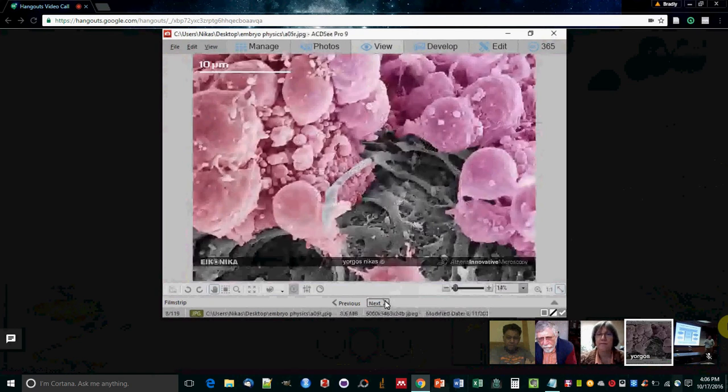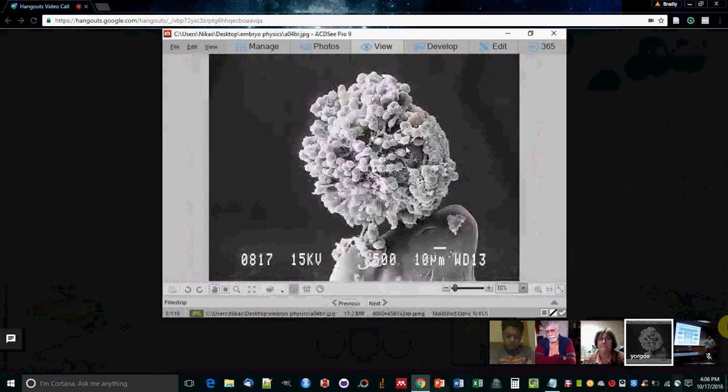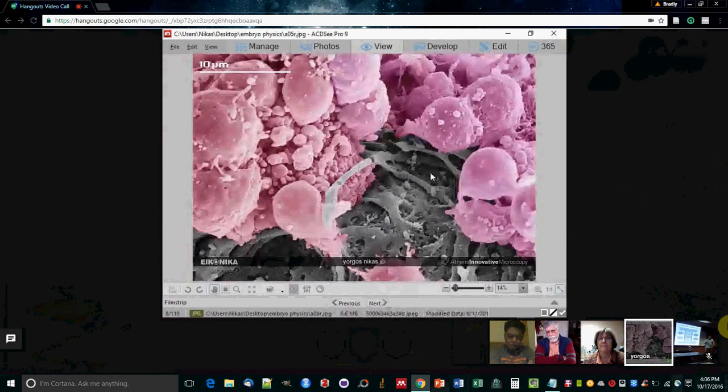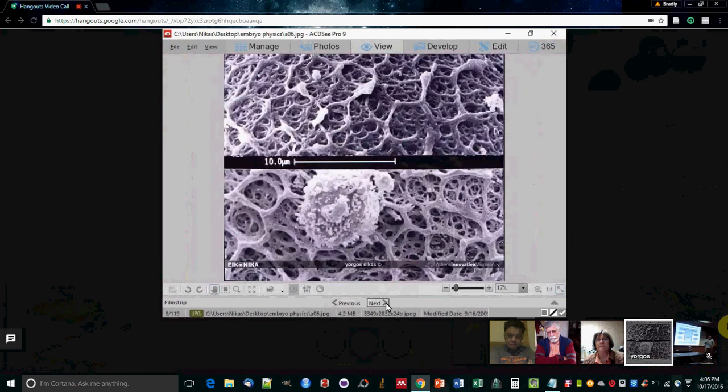Anyway, this is a detail of the previous image, and you see in detail how the zona pellucida is made from 3-4 layers of rings. They look like rings here. In this slide, I put together at the same magnification a mature egg on the bottom and the immature egg.